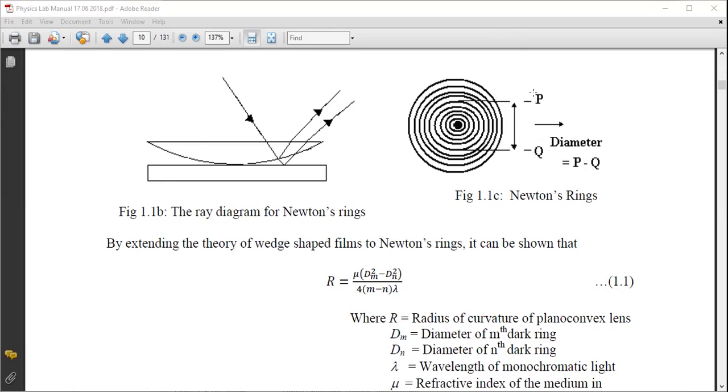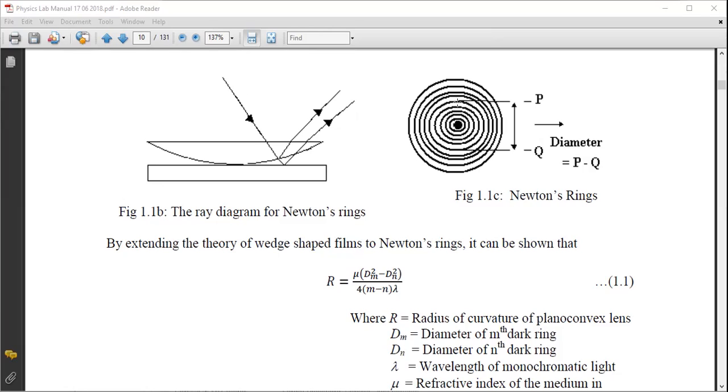You can measure point P. For example, it may be at 1.5 millimeters, just telling you as an example. Say this point P is on the fifth ring: 1, 2, 3, 4, the fifth ring. A point on the fifth ring is at say 1.5 millimeters.